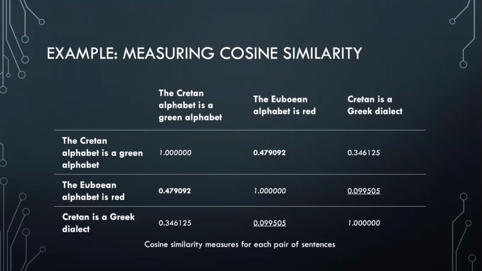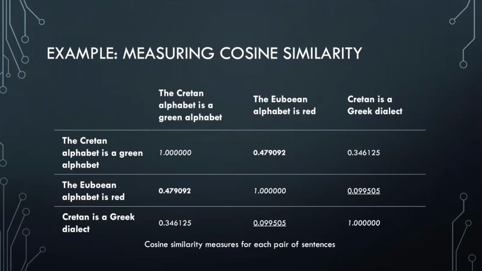And finally, when comparing the sentence about the Euboean alphabet and the Cretan dialect, we get the lowest score. In this way, we are able to measure the similarity between the sentences and cluster them according to their main topic.